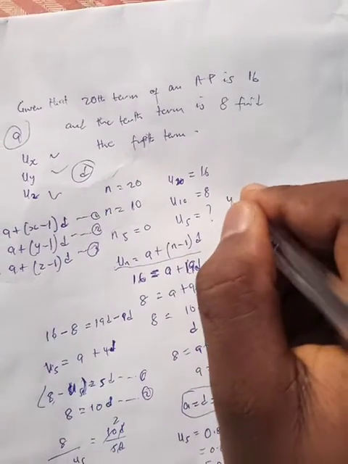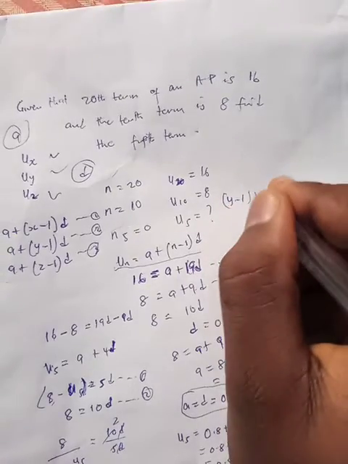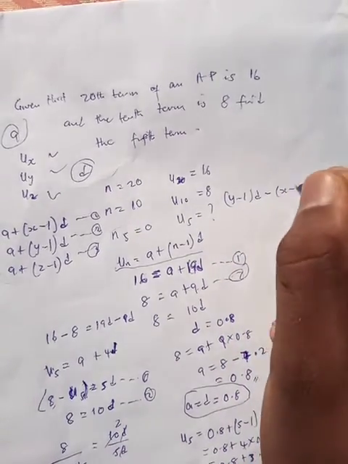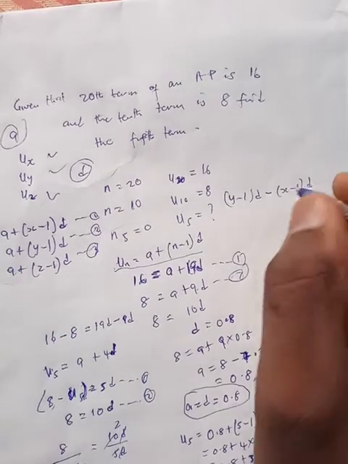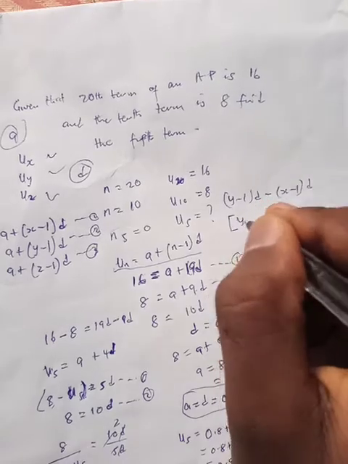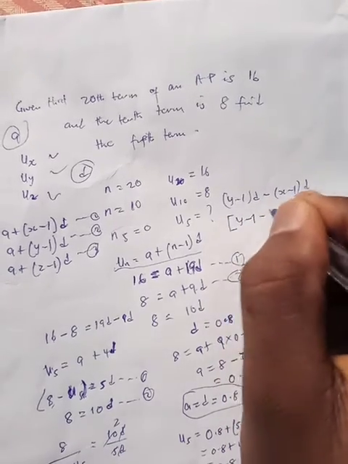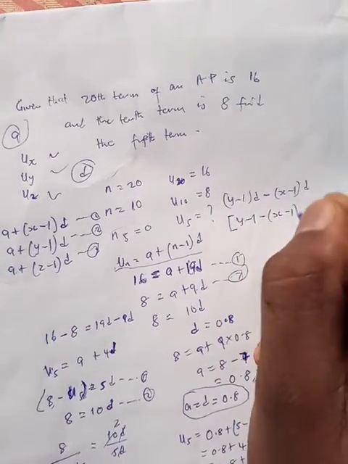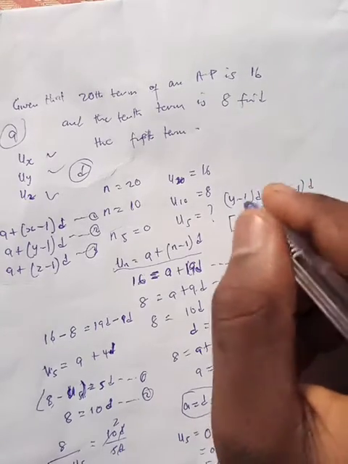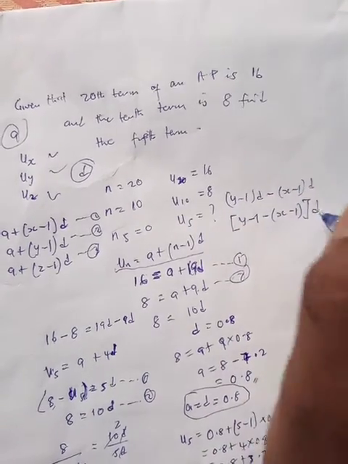It will be (y minus 1)d minus (x minus 1)d. Here you can factor d out, leaving (y minus 1) minus (x minus 1). Because the minus affects the whole bracket, you don't need to open it like this. Then we'll have d outside.